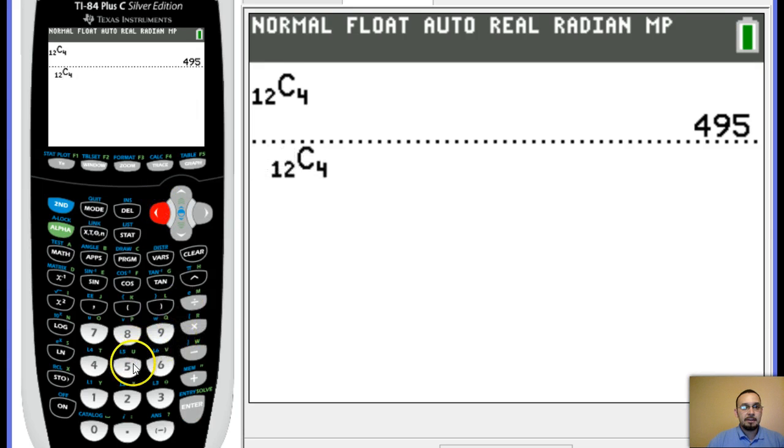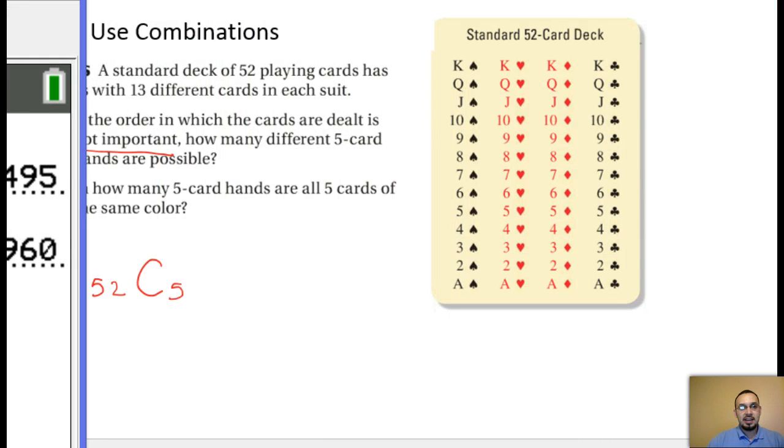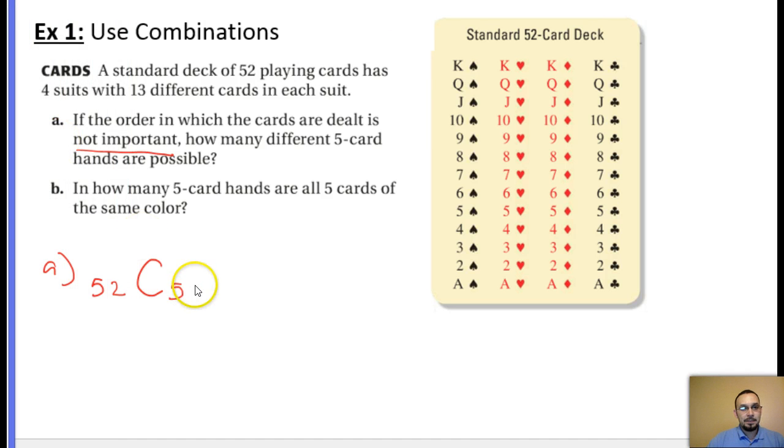We get 52, and I'm going to choose 5, and we get that huge number. That is 2,598,960 different combinations. Let me move that to the side so that I can write it in.